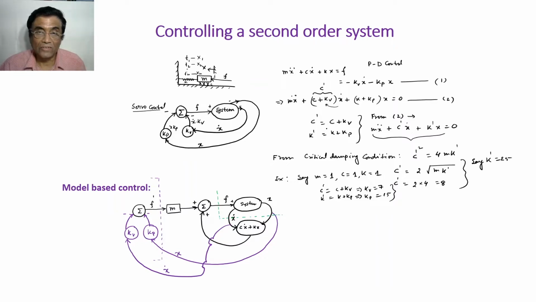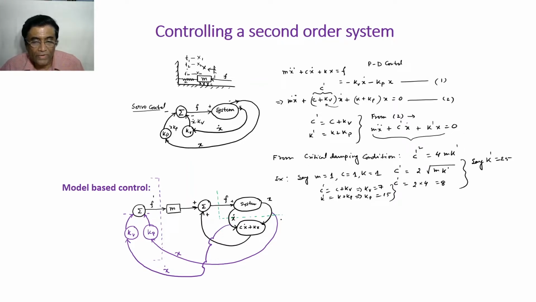Why? We will spend a lot of money designing the circuitry which gives me Kp, Kv values as per my desired value, and they should be independent of the system parameters, so that we can plug it out from one system, plug it into another system, and it should be able to control that system as well. That facility is not there.